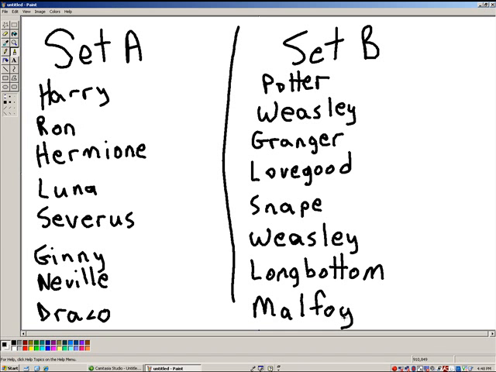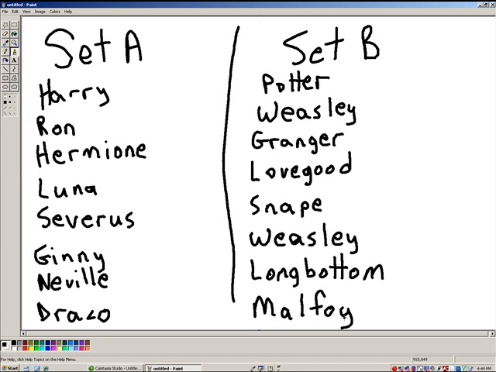We call a relation a function when there's one and only one possible set B result for every set A entry. For instance, for Harry, there is only one possible last name, Potter. For Ron, there is only one possible last name, Weasley.